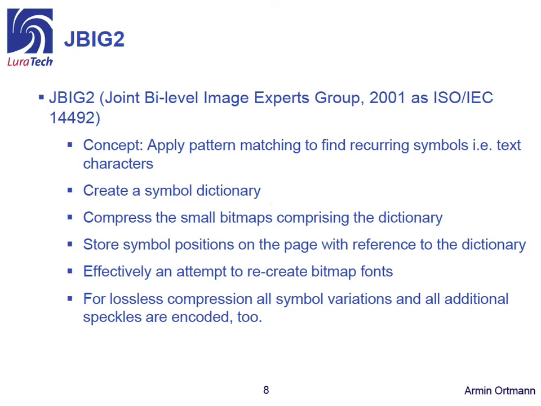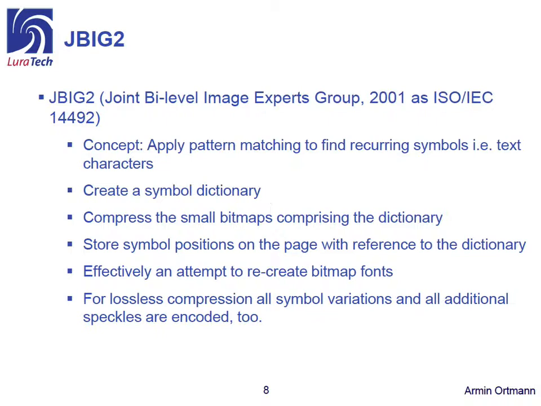As for JBIG2, that's been in all of the PDF versions since, Thomas helped me out, I think 1.4, but it's really standard now. And as opposed to FAX G4, which is always lossless, this also allows for lossy and lossless compression. And the concept is basically to apply pattern matching to find recurring symbols.